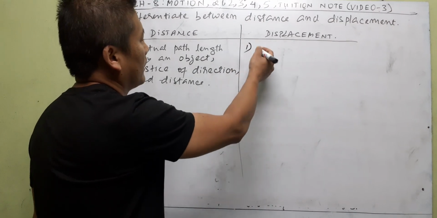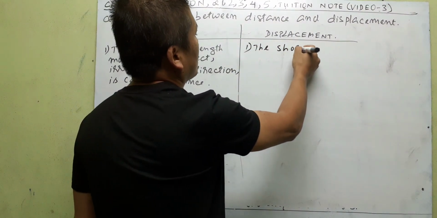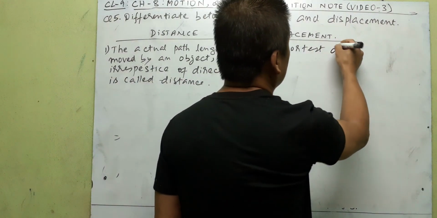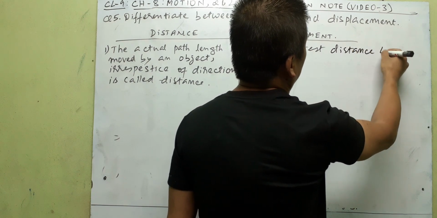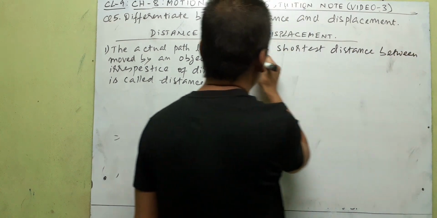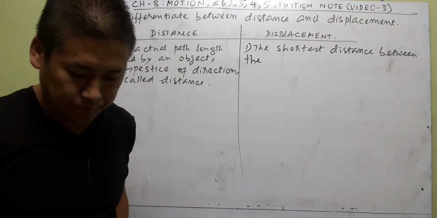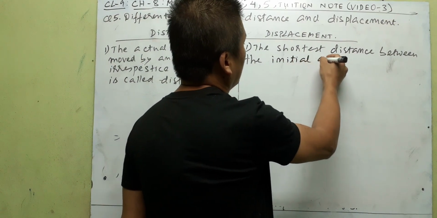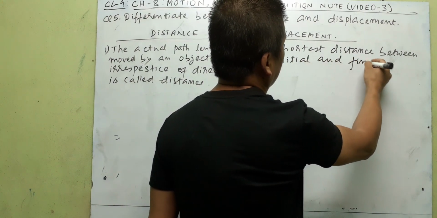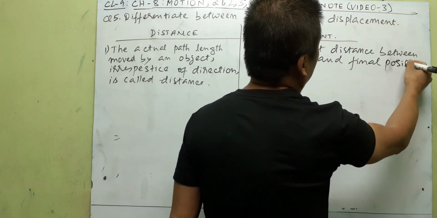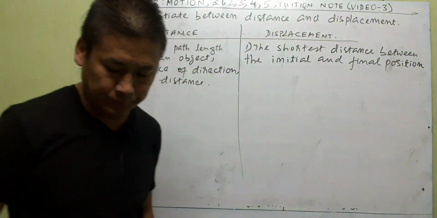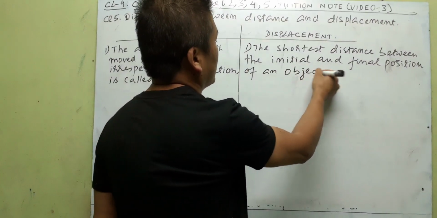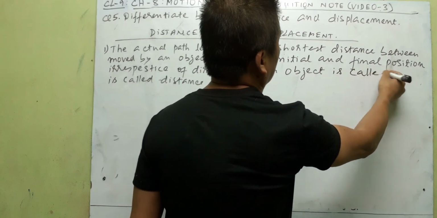And here, the shortest path length or distance between the initial and final position or point of an object is called displacement.